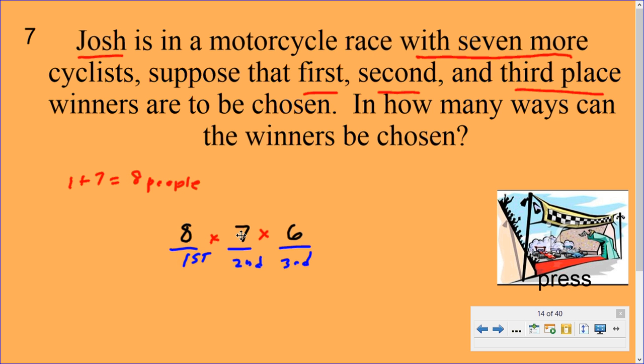8 times 7 is 56, and 56 times 6, I believe, is 336. So there are 336 different ways that winners can be chosen. Well, what happened to those other people? Unfortunately, they did not place, so they don't get a trophy or anything.